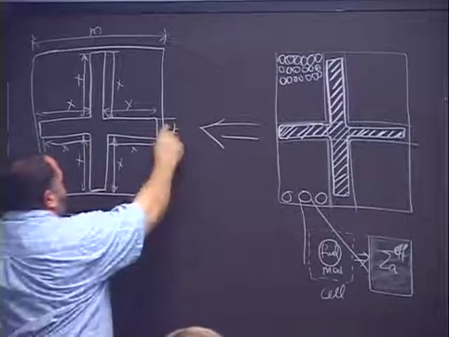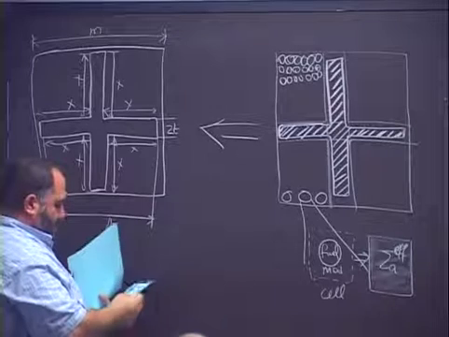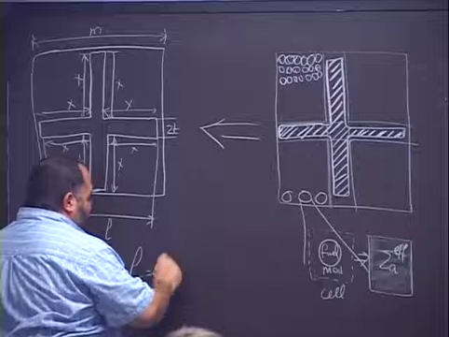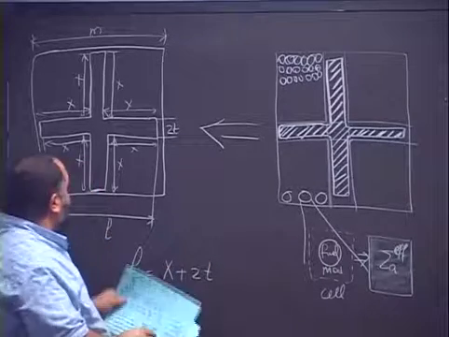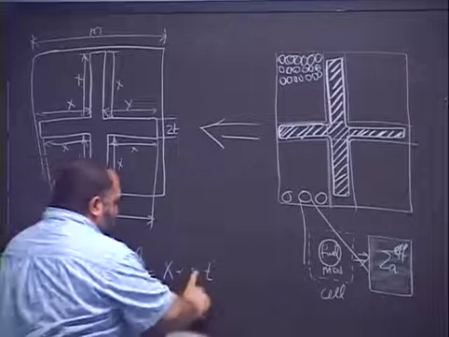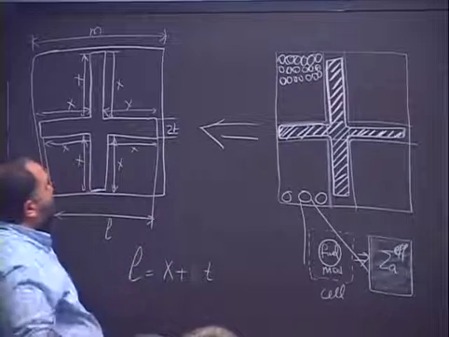So this is 2t. So L will be equal to x plus 2t. If you look at x plus t, sorry, 2L is 2x plus 2t. Why are we doing this?